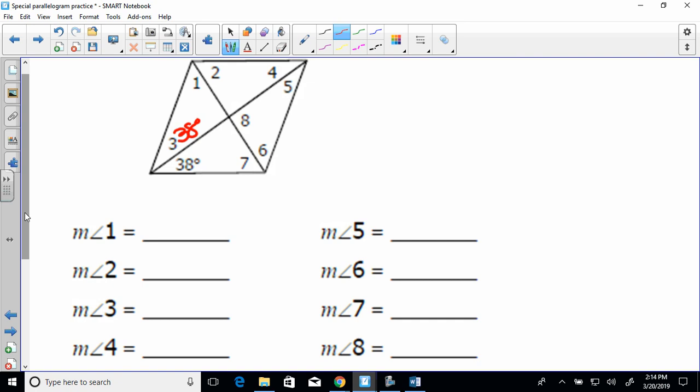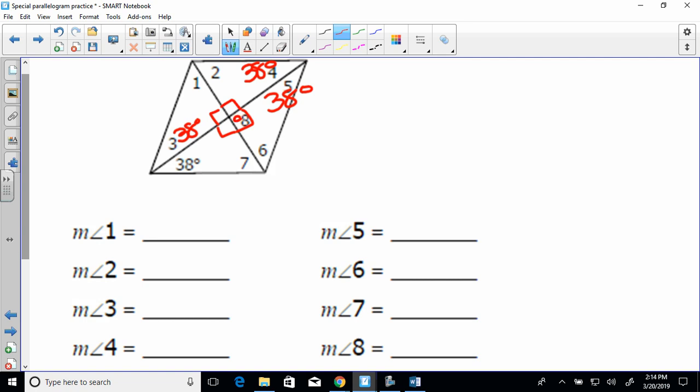And so then 38 and 4 are going to be the same because they're alternate interior. And then 3 and 5 are going to be the same because they're alternate interior. So those are all 38 as well. Now we know that angle 8 is going to be 90 degrees because all the diagonals bisect at a 90-degree angle.